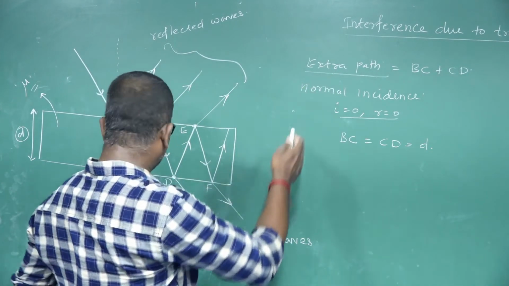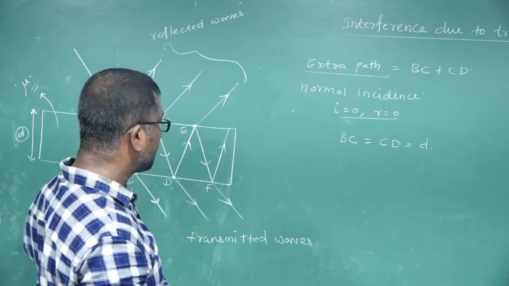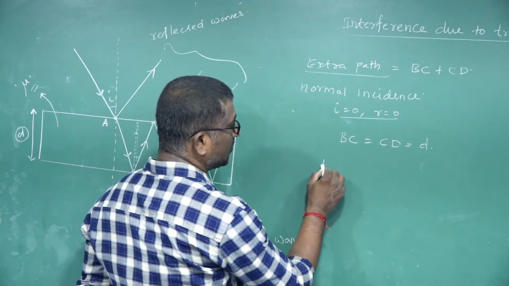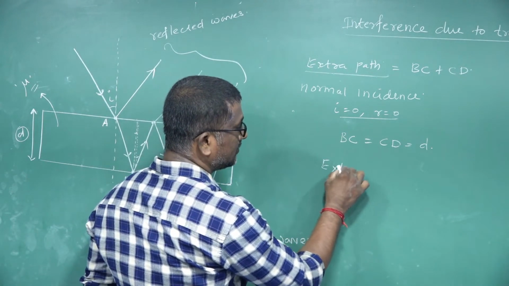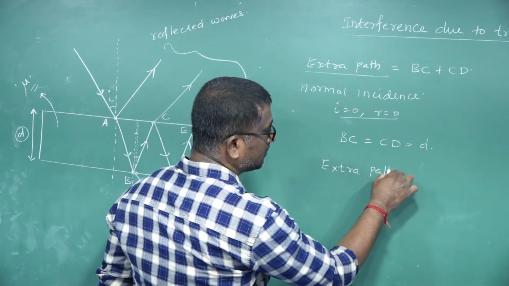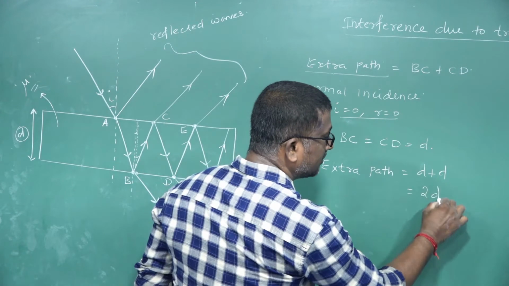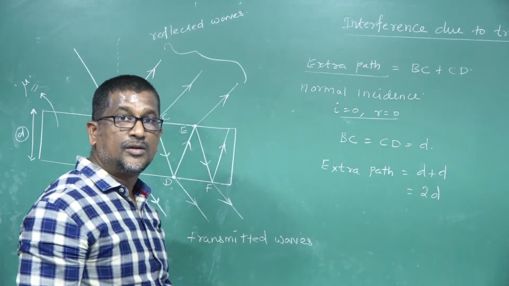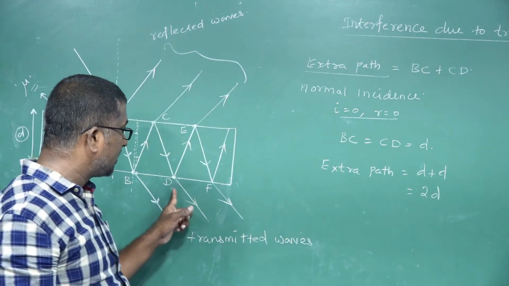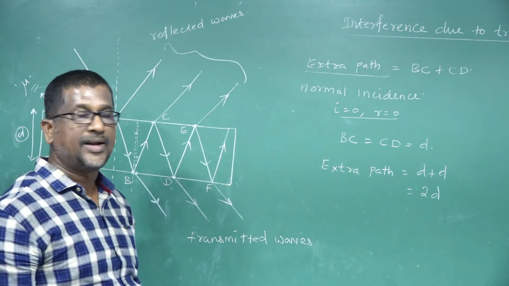Then the extra path travelled by the transmitted wave from the point D is equal to d plus d, that is equal to 2d. Right?